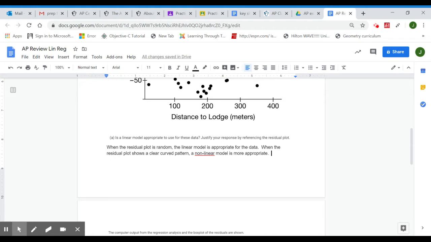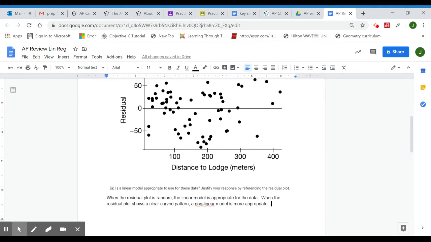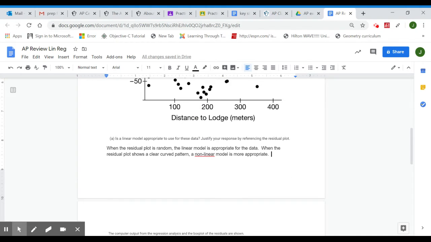And then here's how we save ourselves. If we disagree, but let's say there was a clear curved pattern in the scorer's eyes, it's not, but let's say there was, well, then we at least have expressed course content knowledge, which saves us in getting at least a P, okay? So that's what's going on with expressing course content knowledge.